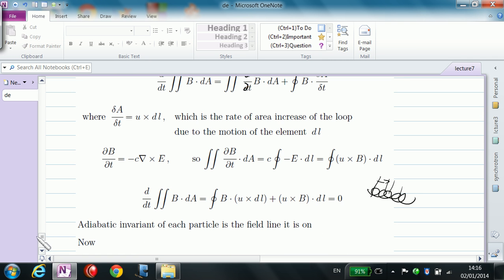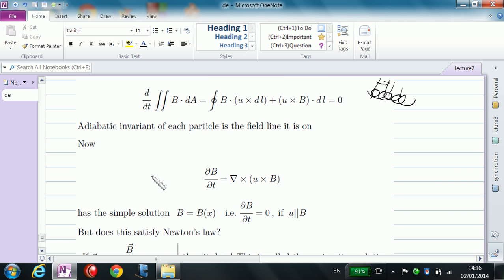We proved the frozen-in approximation. There's one more way to think about this adiabatic invariance. An adiabatic invariant is the integral of P dot ds around the closed loop, right?